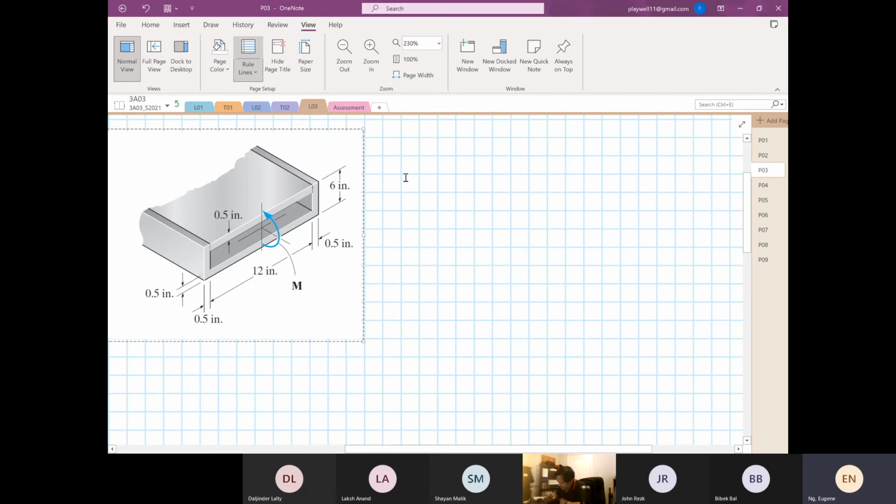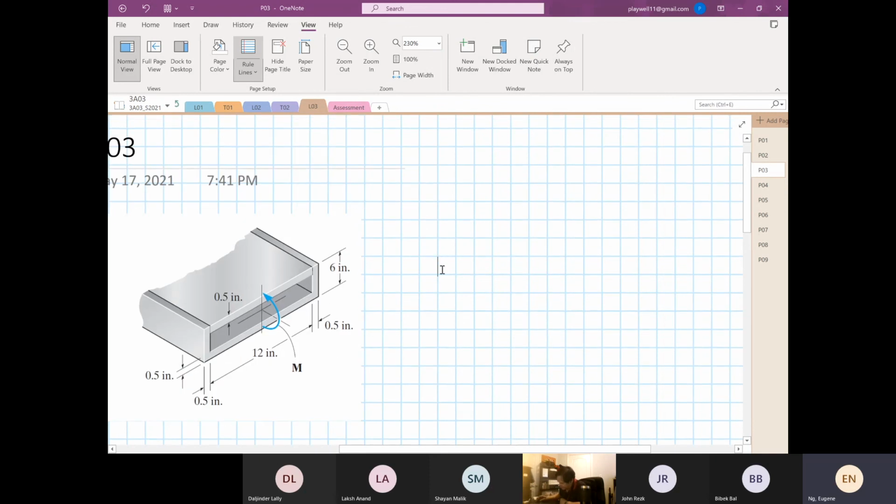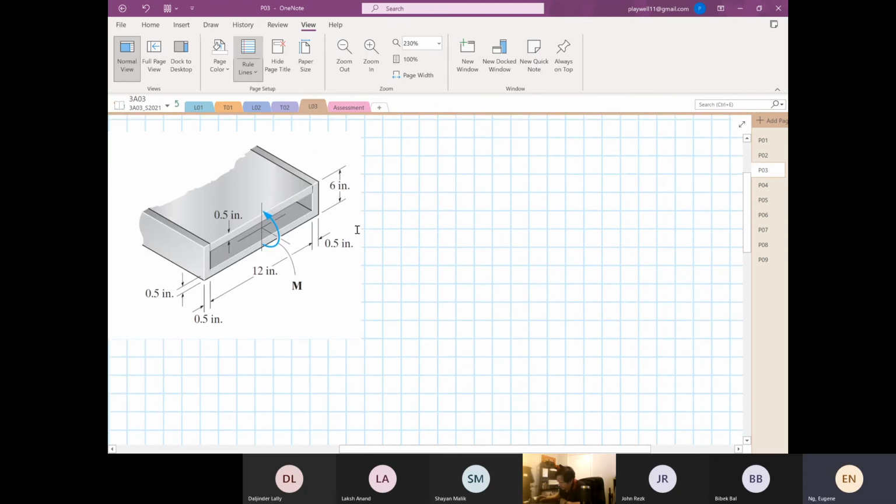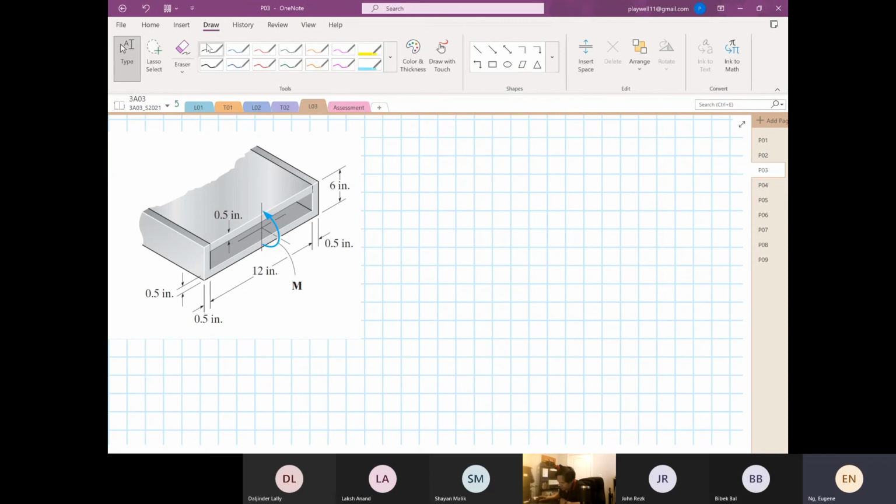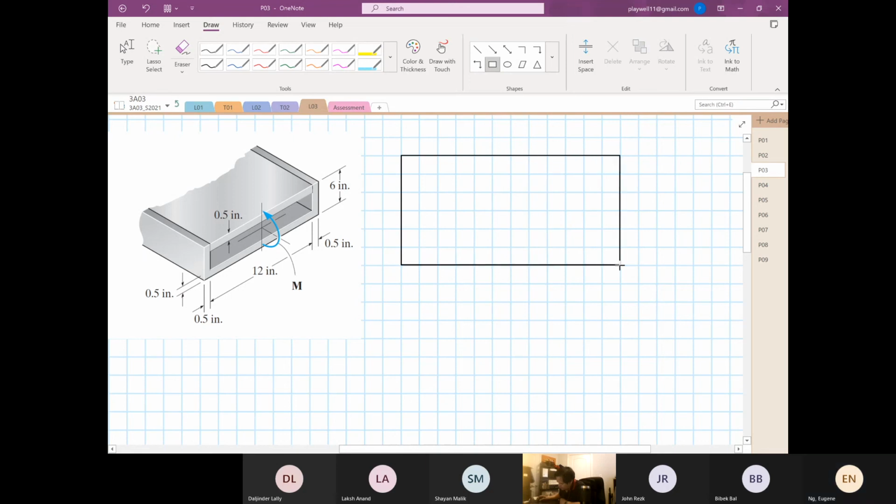So we have 6 inches. Okay, so we have 2, 4, 6, and then 2, 4, 6, 8, 10, 12, and then I'm going to have a 1.